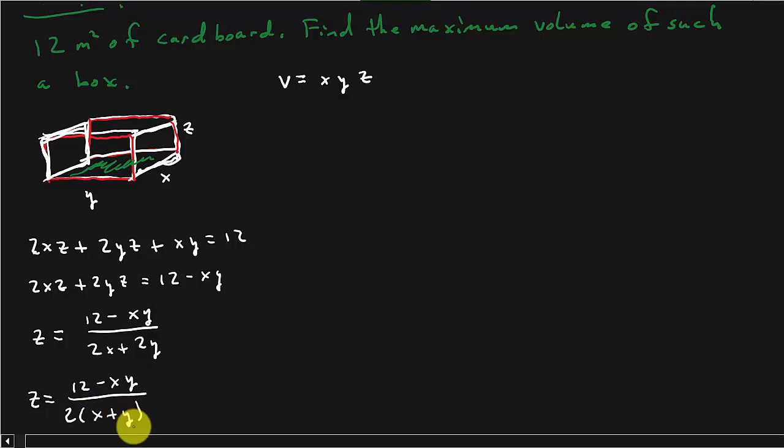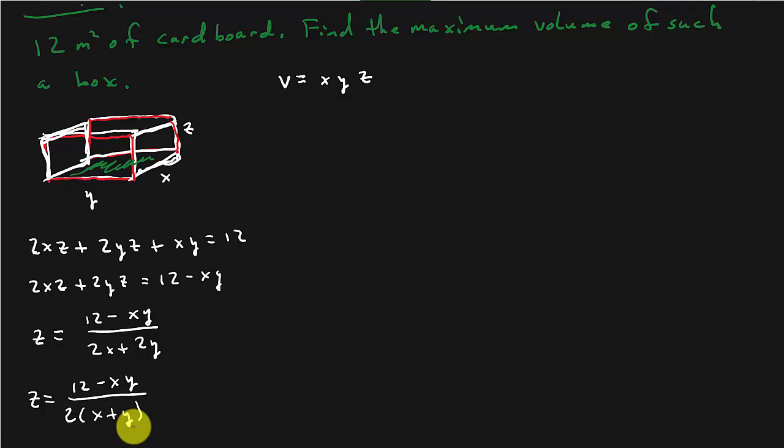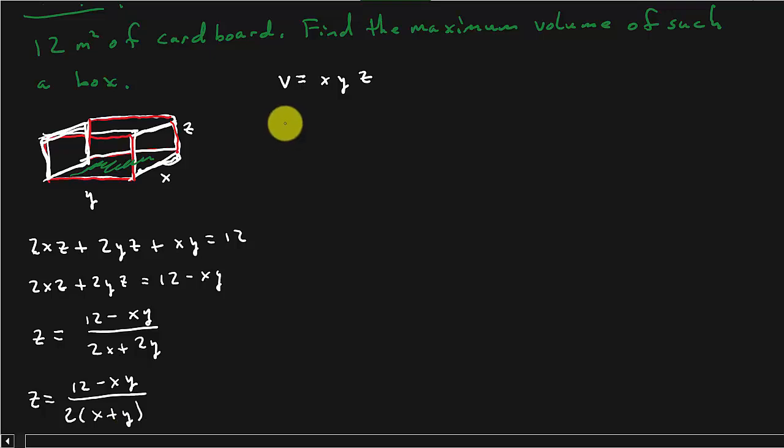Is that going to help us, factoring out that 2? I don't know. It might. We'll see. All right. So now we have our volume. So our volume is equal to x times y, and in the place of z, I'm going to put this: 12 minus xy over 2 times (x plus y). All right, which is going to give me v is equal to, what is that?